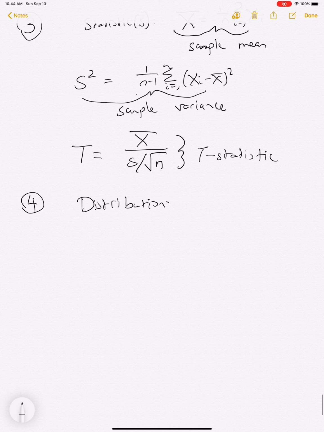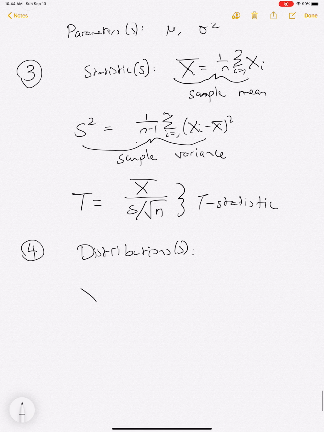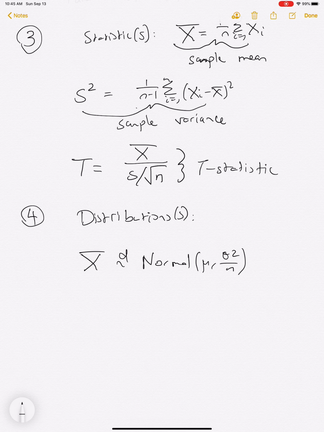If you look at the distributions of these statistics, we've seen many times that things are very nice when they're normally distributed because we know what the distributions of everything are. The sample mean has a normal distribution with mean mu and variance sigma squared over n. We also know that the sample variance has a chi-squared distribution when you rescale in the appropriate way.